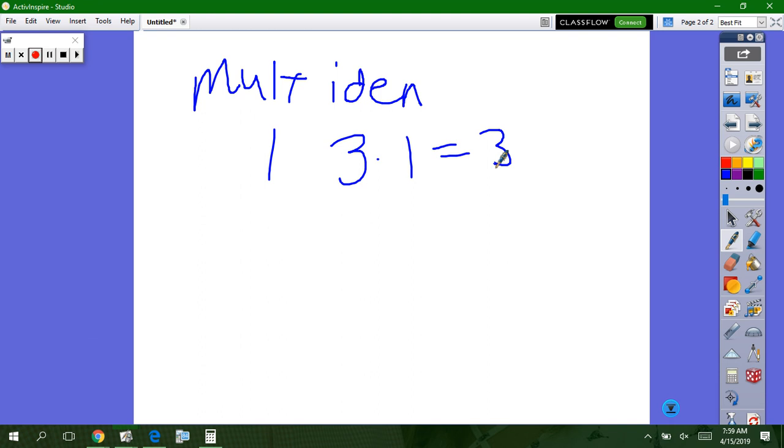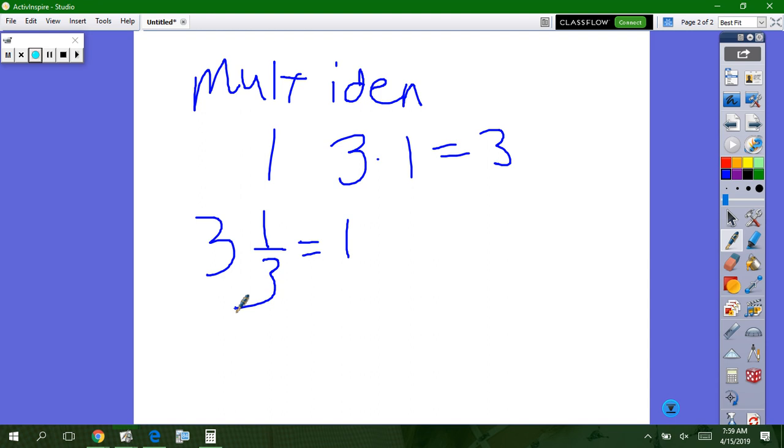So how do I ever get the multiplication identity? If I have this number 3, what do I multiply by to get to 1? I multiply by its reciprocal, which is another name for its inverse in this case. When you multiply inverses, you will always get the identity, the multiplication identity, correct?